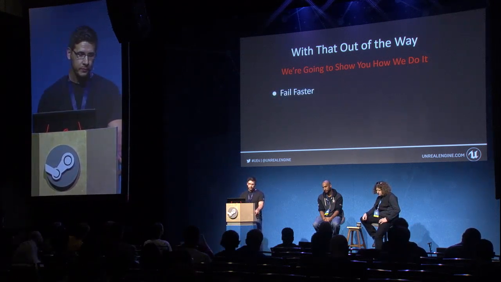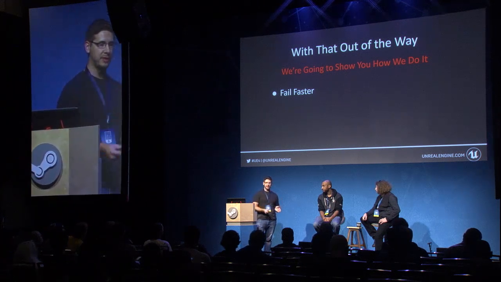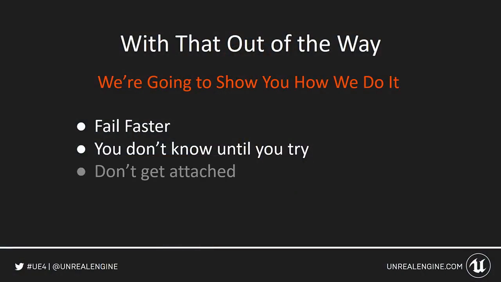So key for us is to fail fast. As soon as we can find out 10,000 ways not to make a light bulb, we can find the way to make the light bulb. And really, you don't know until you try. Just get out there and get your hands dirty with blueprints and figure things out.